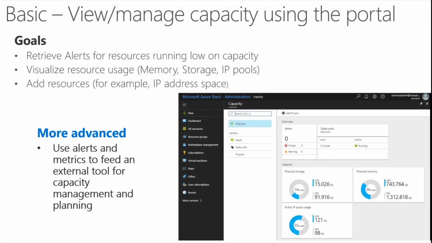Capacity management. On the right-hand side, here are some of those nice little KPI metrics I was talking about, in this case looking under capacity. If I right-click on each of those, I could pin them to my dashboard.